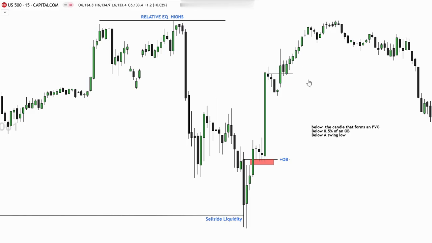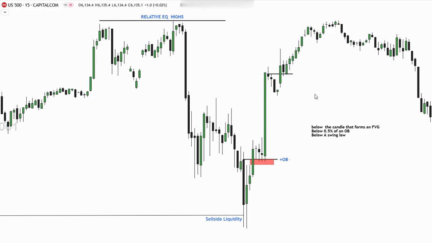But again, see when price filled the FVG or BPR and then gravitated above these three down close candles, the next candle that drops into that is now our propulsion block. This specific candle that is here, the down close candle. So you see, it came back here, rejected, and then the next candle took flight to clear those relative equal highs.